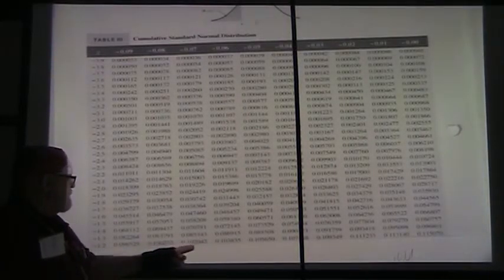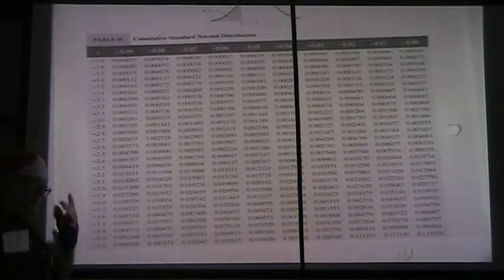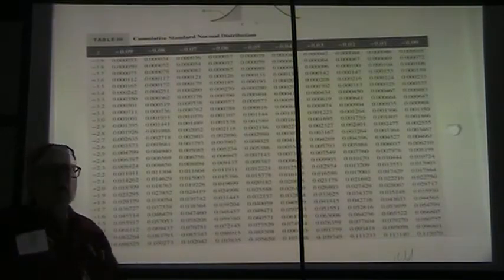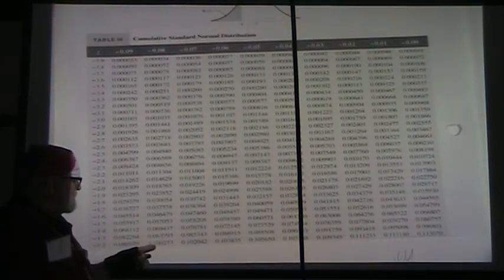This one is much closer. Is it closer than this one, 0.98525? Yes, it's only 273 10,000ths as opposed to, what would this be? 1,475 thousandths. All right, so this number right here is our best choice.